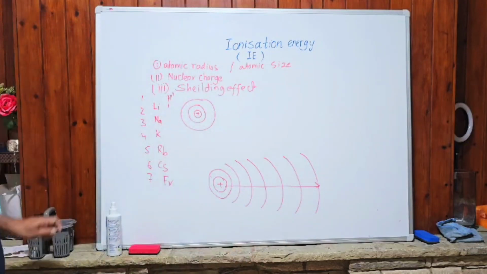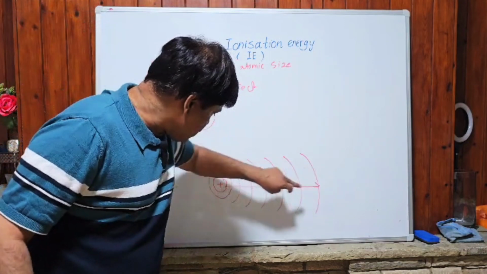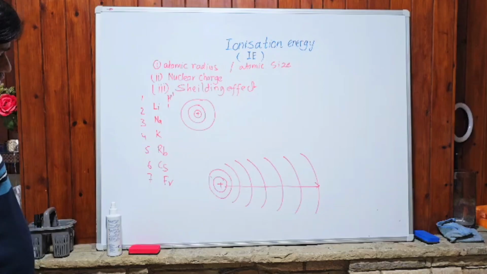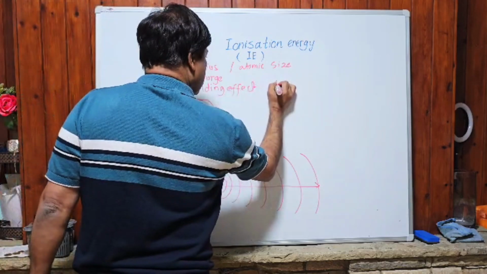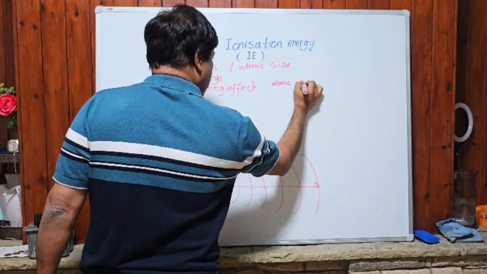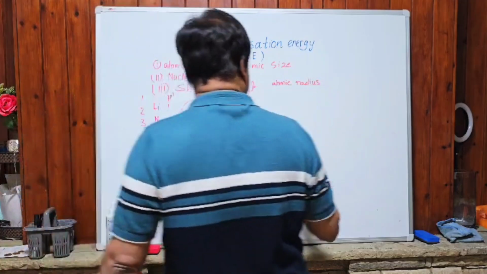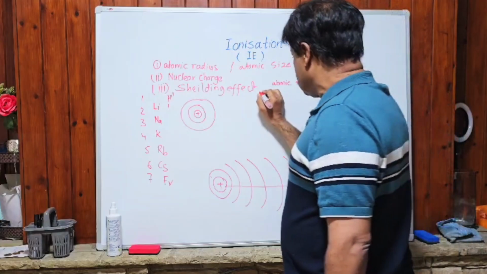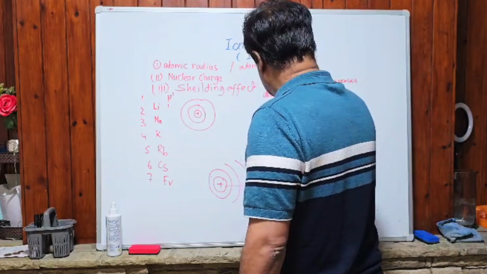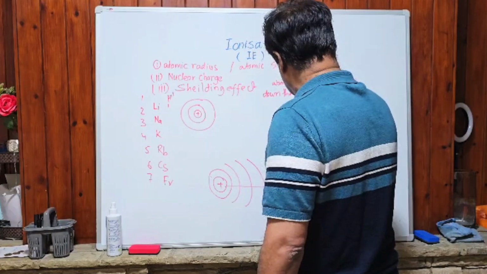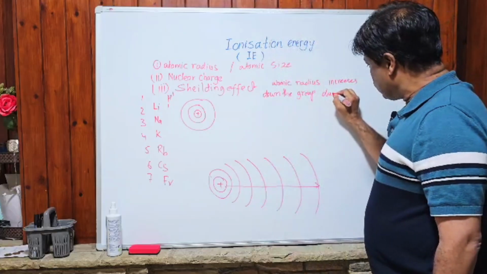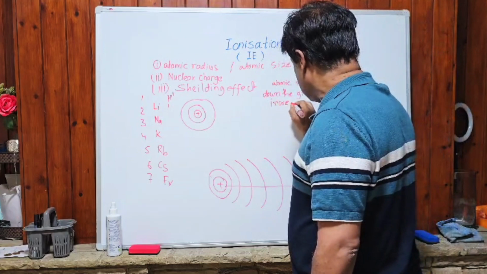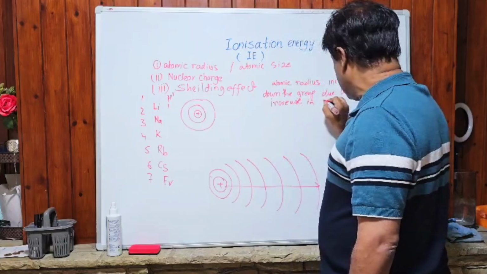When you go down the group, the atomic radius, or atomic size, increases. Why? Due to increase in number of shells. Atomic radius increases down the group due to increase in number of shells.